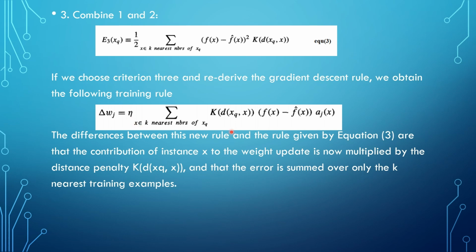This is a new gradient descent rule which is used to minimize the error. The difference between this rule and the rule given by equation 3 is that the contribution of instance x to the weight update is now multiplied by the distance penalty, and that the error is summed over only the k nearest training examples.